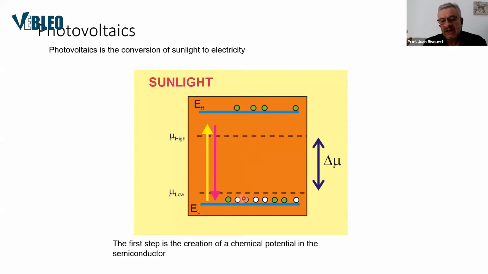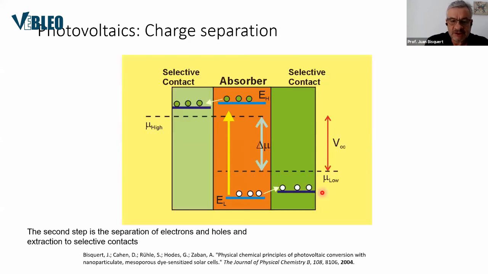So you create carriers by photoexcitation, you lose them by recombination. With this process, you create more carriers in the upper state, and you create a separation of the chemical potential. And this is an internal photovoltage, but not an electrical voltage that you can measure.